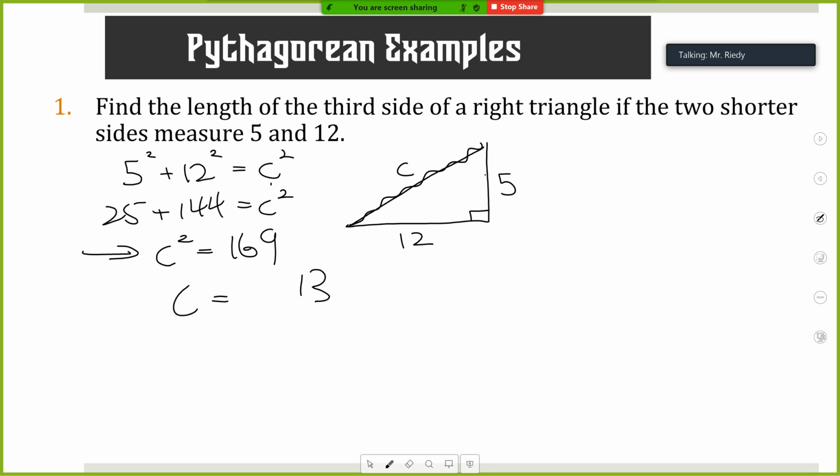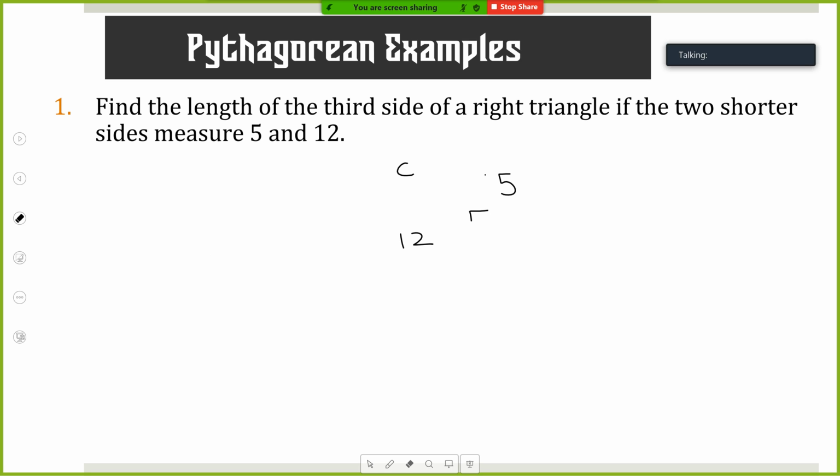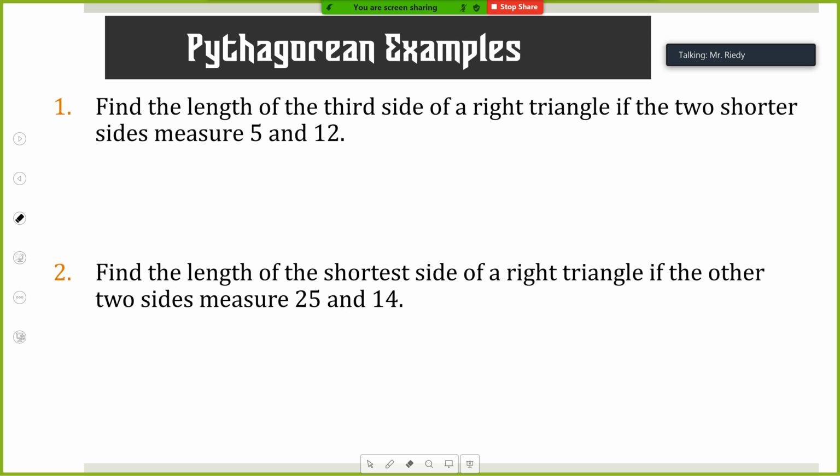And again, you've all done this before, so let's get rid of this. And try one more. Draw a picture, plug in your values, solve. And notice we're looking for the shortest side now.